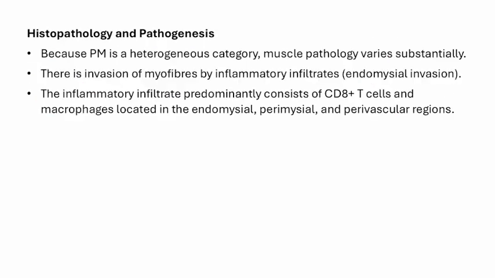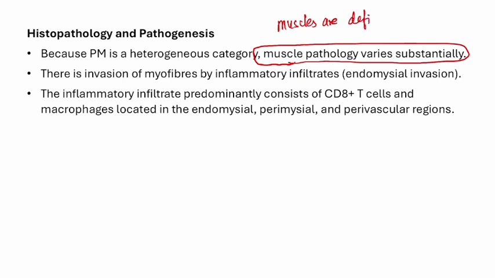Histopathology. I mean, what we will see when we cut a section of the muscle fibers. What is written in the textbooks is very hodgepodge and confusing. For example, they say muscle pathology varies substantially, but for the sake of understanding, we have to remember that the muscle fibers are definitely invaded in polymyositis.